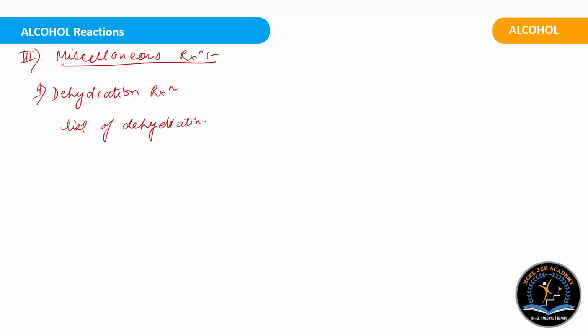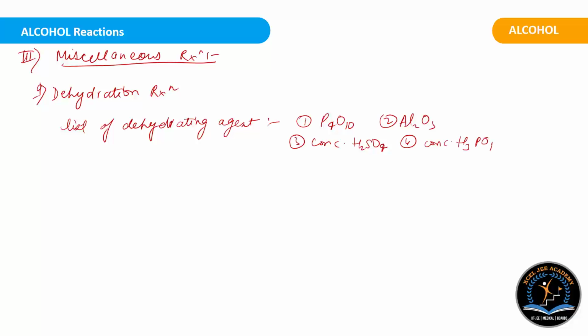In the list of dehydrating agents, the first is P4O10. The second one is Al2O3. Then the third one, concentrated H2SO4. The fourth one can be concentrated H3PO4. Then the fifth can be KHSO4.